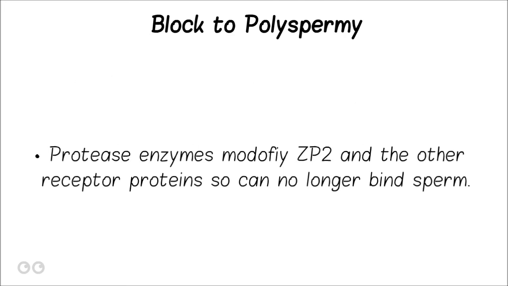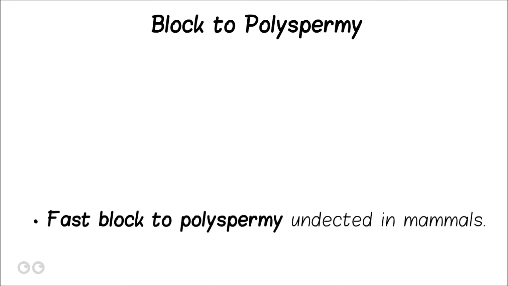The protease enzyme released by the cortical granule modifies ZP2 and the other zona pellucida sperm receptor proteins such that they can no longer bind sperm. A fast block to polyspermy has not been detected in mammals. In most organisms, polyspermy can result in a triploid nucleus or other disastrous consequences.